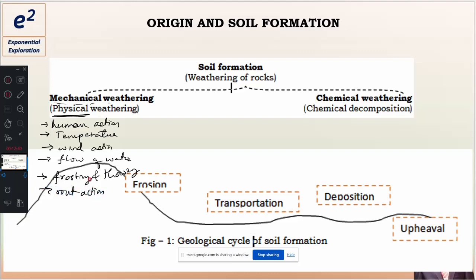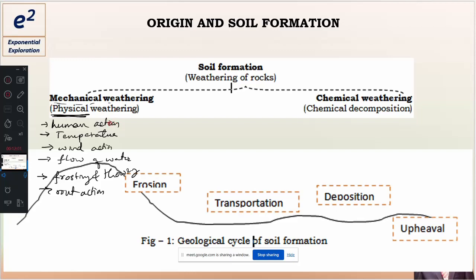These are the physical events that occur on the surface of the rock, and the rock will start weathering. That is called physical weathering. The first best example is human action, because nowadays we are demolishing rocks and making them into powder, either stone or aggregates.